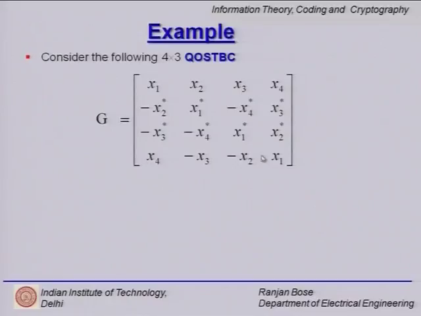So this is what we have done, and now let us drop one. So we erase one of the columns. Suddenly we are left with 3 antenna elements, but please note the beauty: we still have X1, X2, X3 and X4, all 4 symbols being transmitted in 4 time slots.